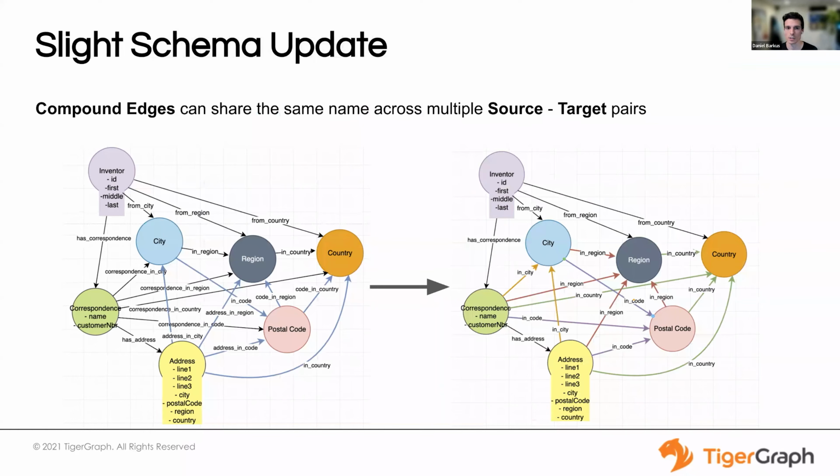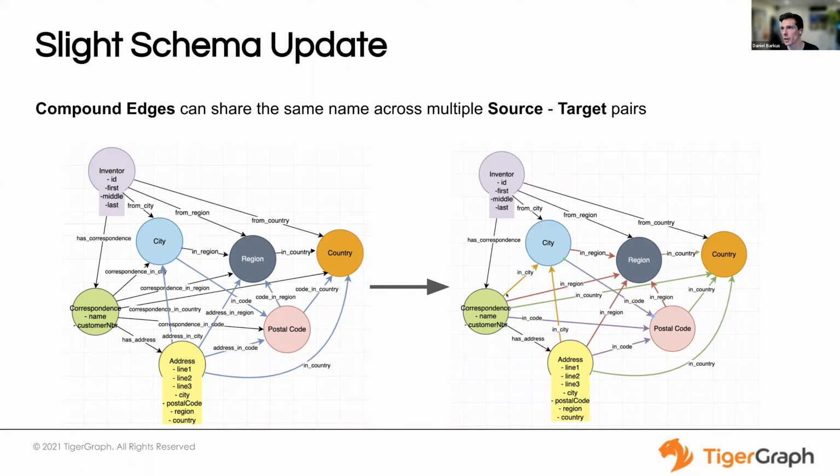They represent a geographical hierarchy. City is within a region, postal code is within a city, and so on and so forth. Because of that, we don't really need each one of those edges to be a unique name. This is something I didn't know before, but we can have edges that have the same name, but go between multiple different vertices.